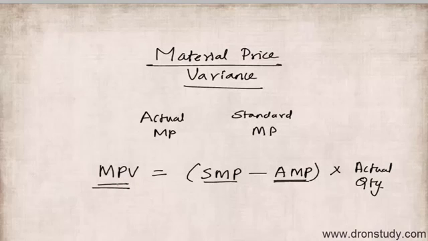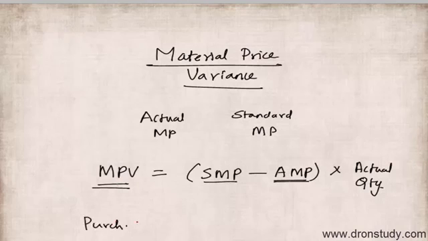Now a question is, why the material price variance takes place, or who is responsible for this material price variance? Generally, it is the responsibility of the purchase department to purchase materials from the market, right?